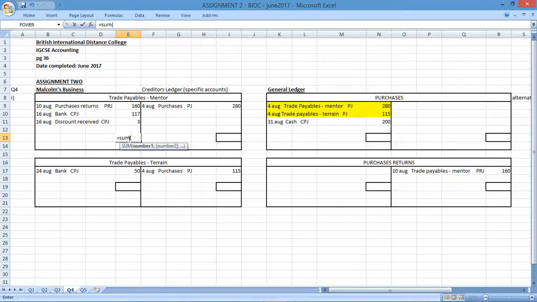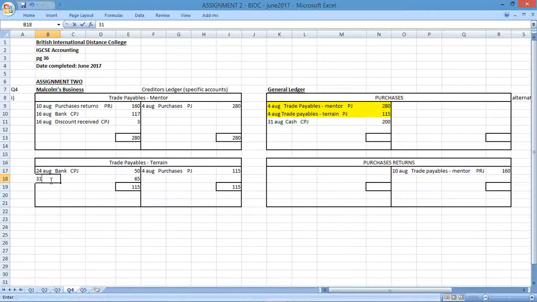Let's just check. No, it's the same. Okay, great. So that's actually a balance of 0. If I add up all of this and I add up that, I get 0, so there's no balance for that account. Will this account have a balance? Yes, it will. So this minus that gives me a balance that I'll carry down.